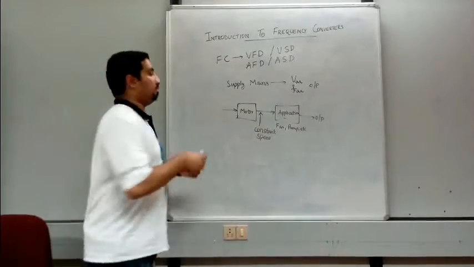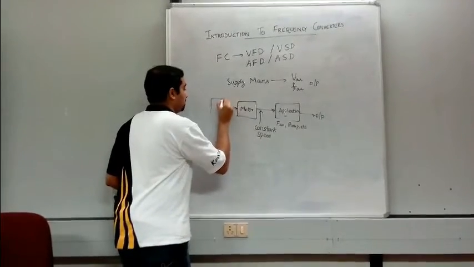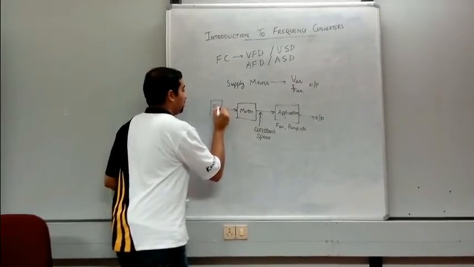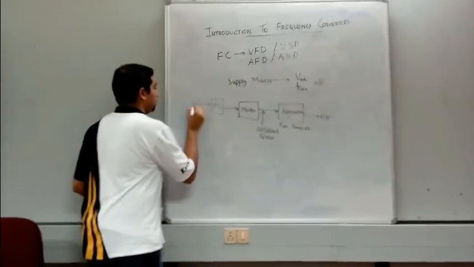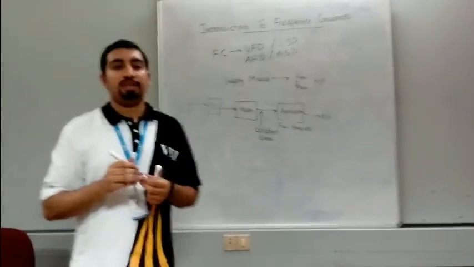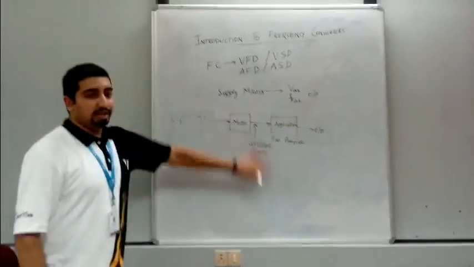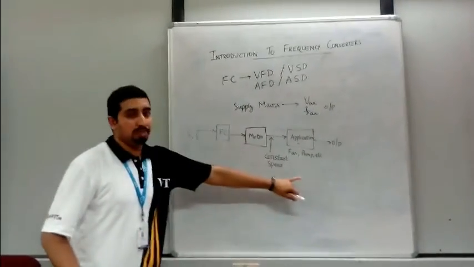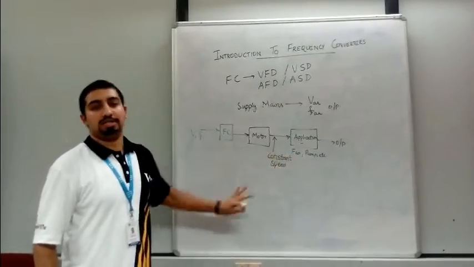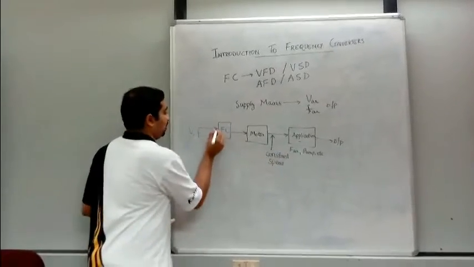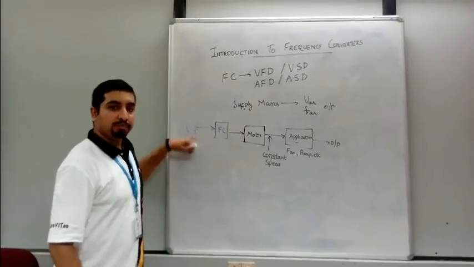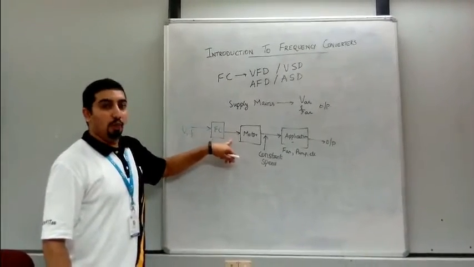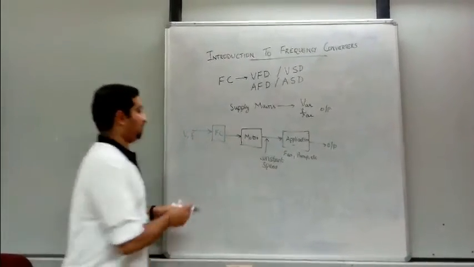So in the new system, a frequency converter block is applied and the input voltage with a constant frequency is applied to the entire system. So this will be the new system, which is basically a controlled system. Now as I told you, a frequency converter converts supply mains of constant voltage and frequency to output voltage of variable value with variable frequency.